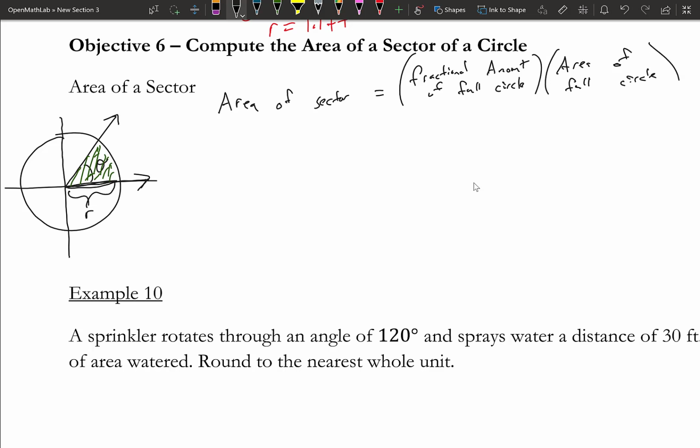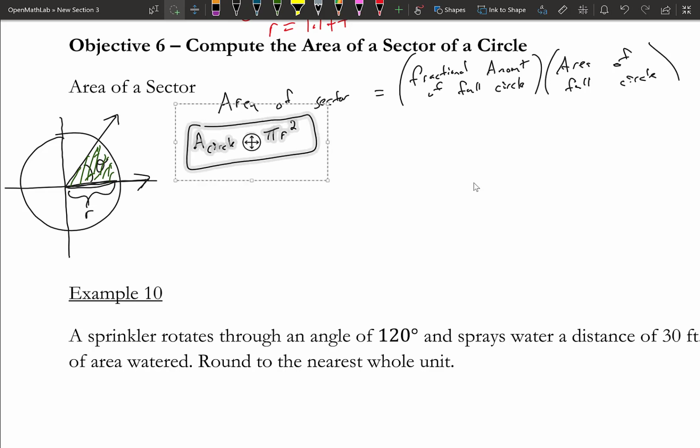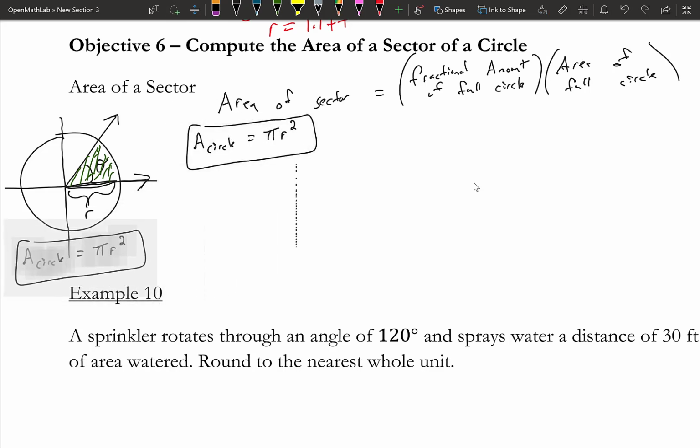For example, if I have half of the area of a full circle, if I calculate the whole area multiplied by half, that'll give me the area of the sector. The area of a circle, area sub circle, is equal to pi r squared. That's a fact that we need to use. So, continuing on the area of a sector, let me move this away and put that over here.